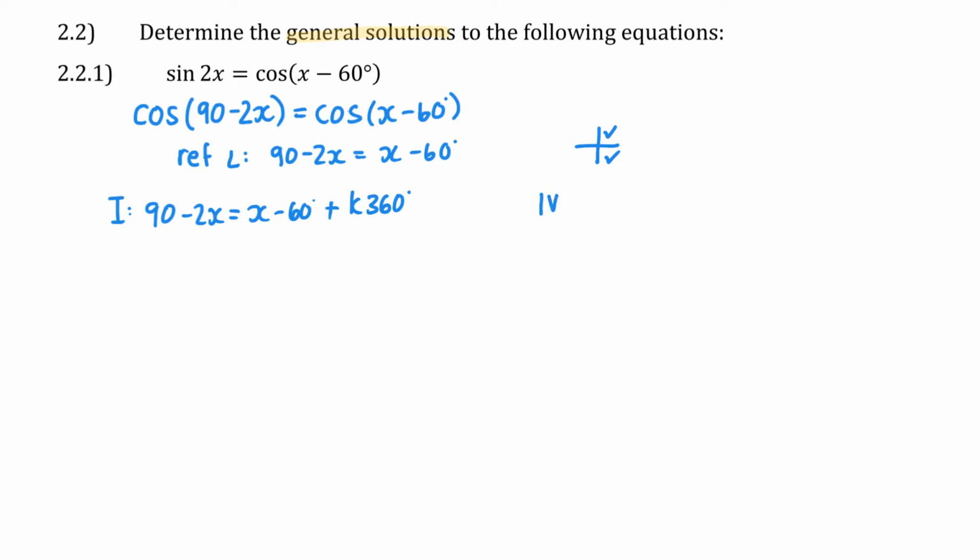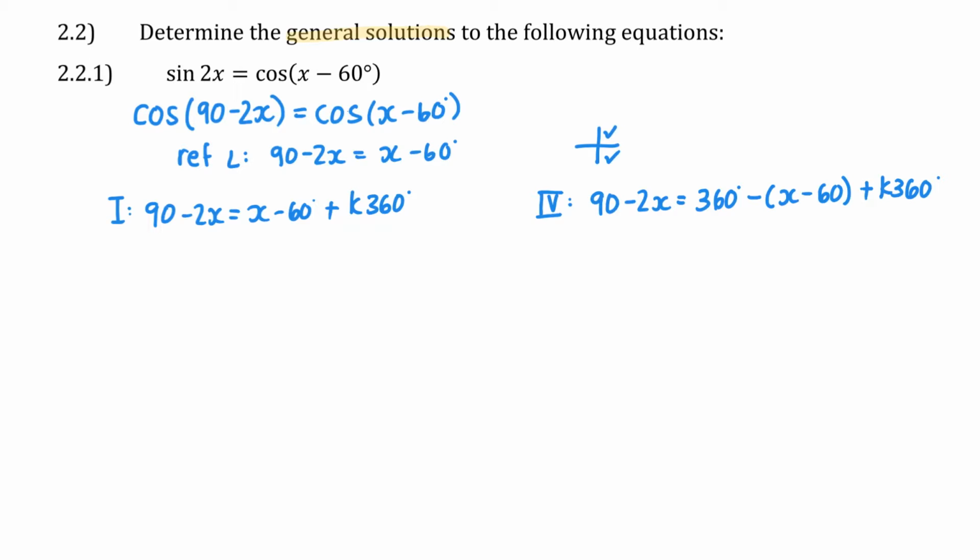In the fourth quadrant, I'm still going to have 90 minus 2x, but the rule for the fourth quadrant is that I'm going to say 360 minus (x minus 60) plus my period, 360. Now, it's important that you put your x minus 60 in brackets, otherwise you're going to forget to subtract the 60.